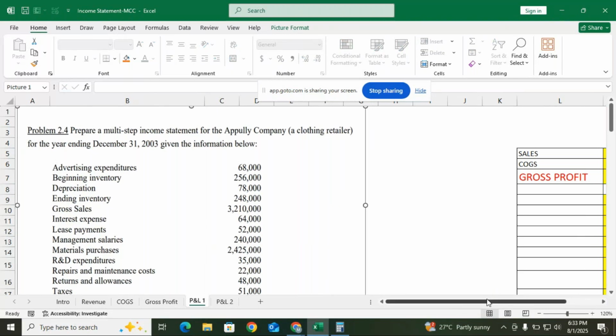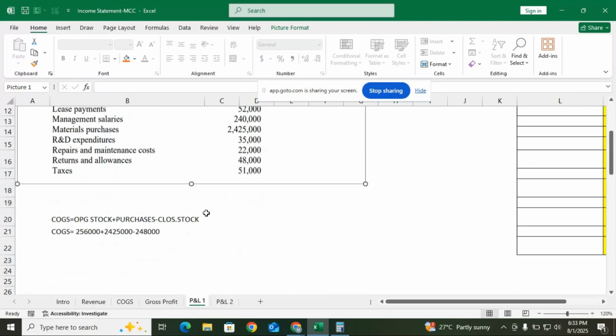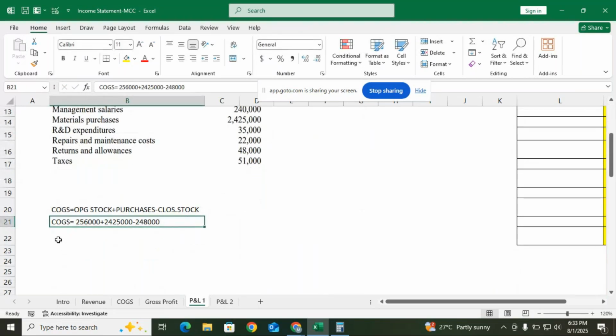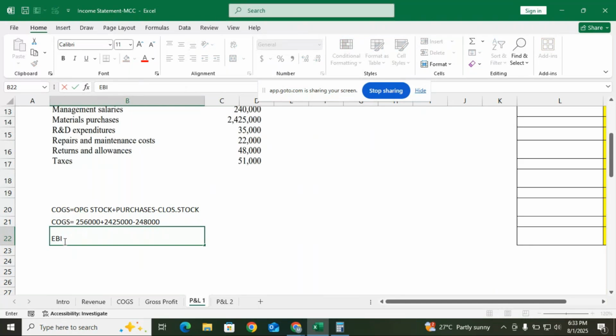Okay, so what is the formula for the same? EBITDA stands for earnings before interest, tax, and depreciation.